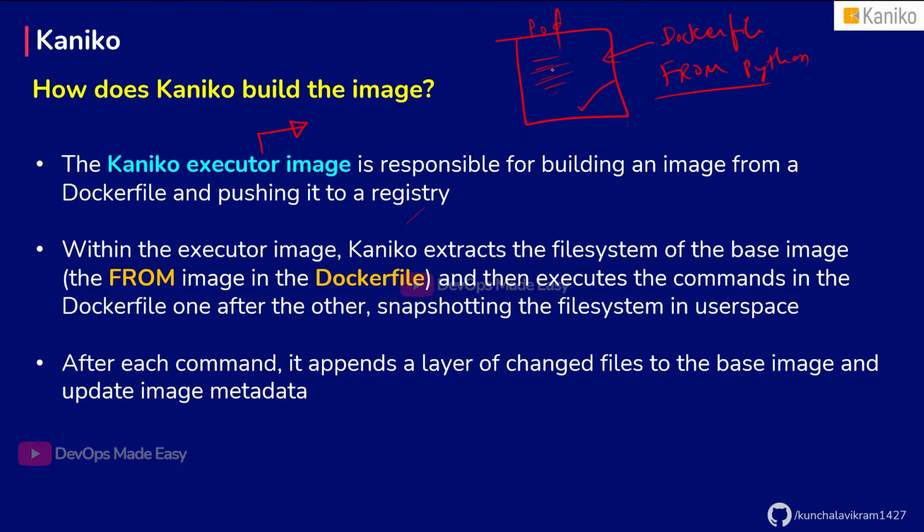Let's say there is a second instruction in the Dockerfile. It executes that second instruction, takes a snapshot of the complete file system in the user space, and then moves on to the next step in the Dockerfile. After each command, it appends a layer of changed files to the base image and updates the image metadata. This is how it builds your container image from within the Kubernetes pod.